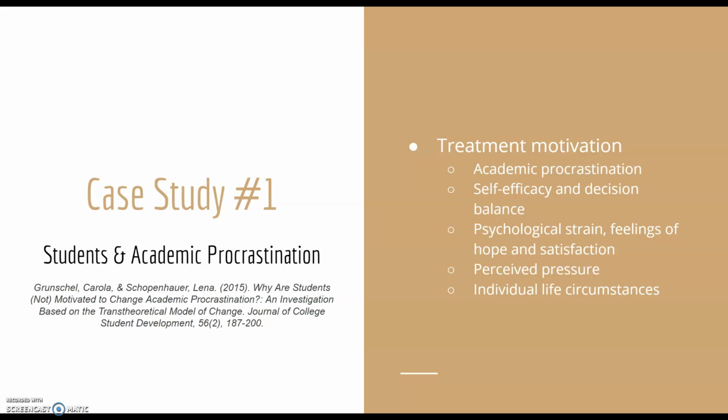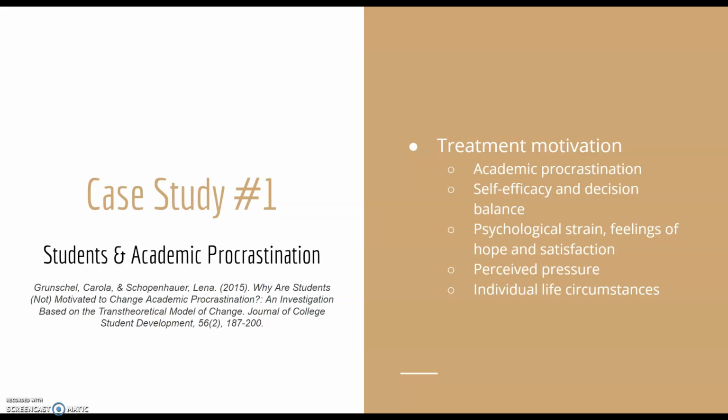So the treatment motivation focused on academic procrastination, as mentioned, the self-efficacy and decision balance that students go through when working their way through the model. It also encompassed psychological strain, feelings of hope and satisfaction when moving through the stages of change in the model, perceived pressure, that's social pressure from maybe family members to make sure that students are achieving and doing well.